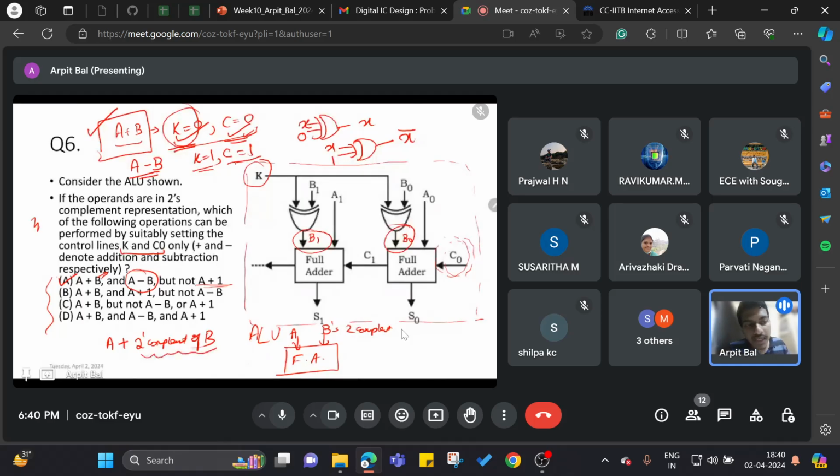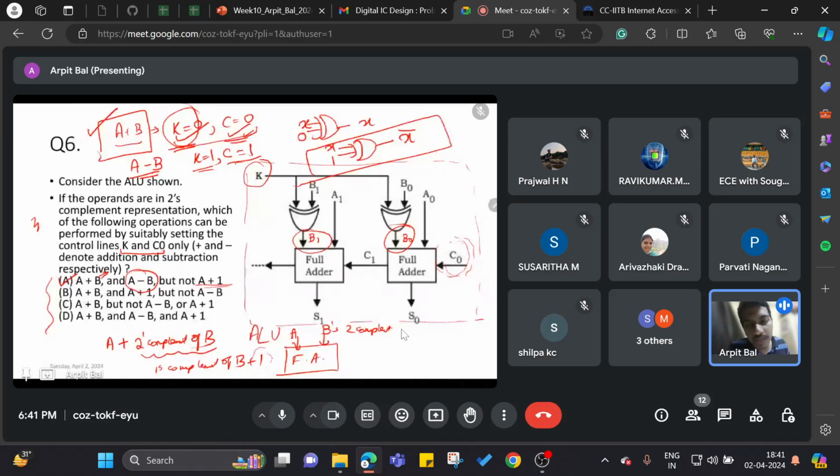So let us break down how to generate this 2's complement. That will be 1's complement of B plus 1. Now we observe that to generate 1's complement we have this facility available. XOR gives us this facility. Now we need an additional 1 from somewhere.